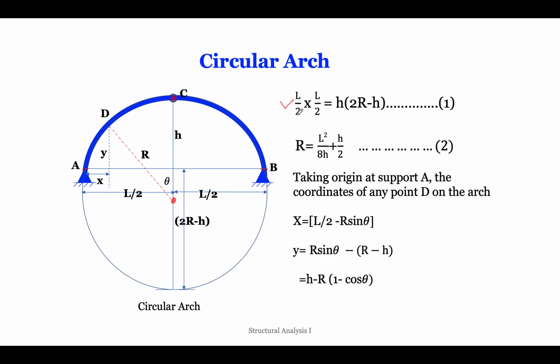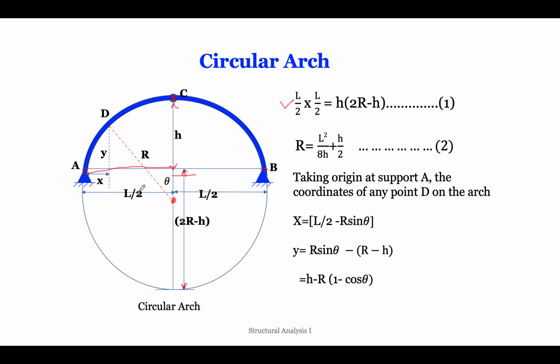This is the equation from the property of a circle: this total length is L by 2, and L by 2 into L by 2 is equal to height into, the remaining part, 2r minus h. Height is nothing but only this portion.